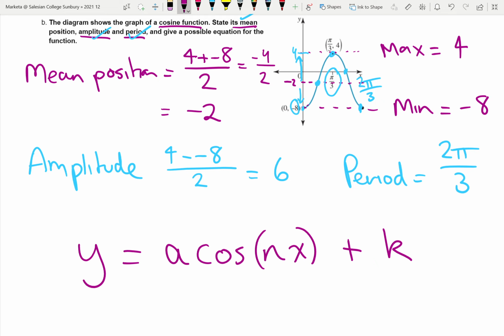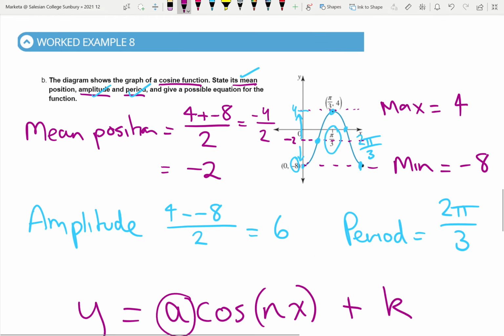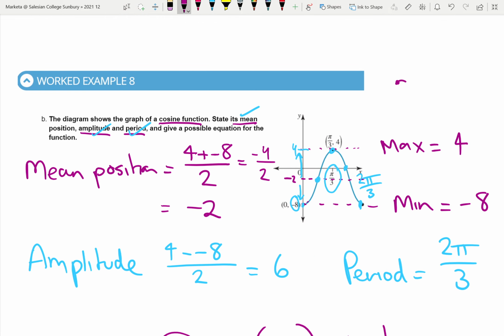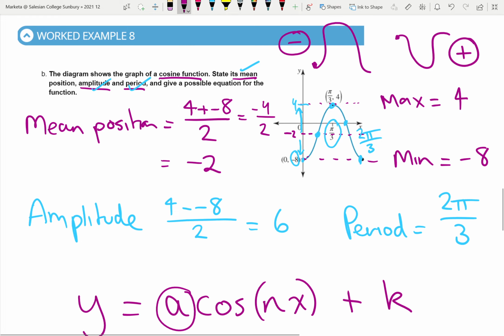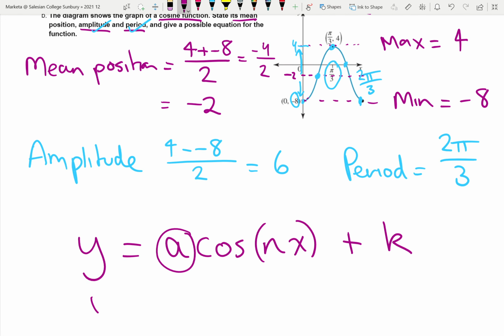We know that we have a 6 for the amplitude, and we also know that this cos graph is upside down. So our positive cos graph is like the smiley face, and the negative cos graph is like that, like parabolas. So quite easy to remember. So this is -6. 6 is the amplitude, and we've got a reflection, so it's negative.